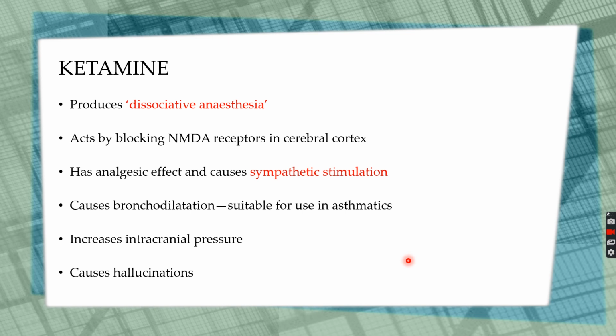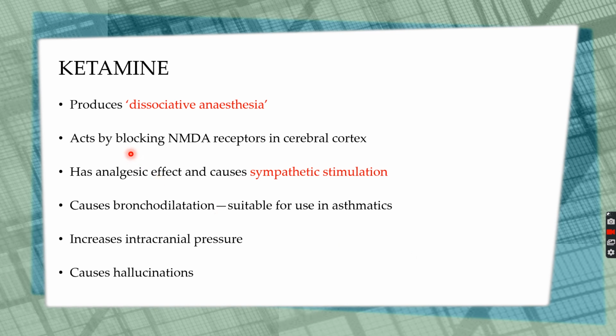Meanwhile, the person is anesthetized, there is analgesia present, and there is amnesia as well. The person will not remember the procedure that is happening even though he is conscious. So, this is what is called dissociative anesthesia, which is produced exclusively with ketamine.